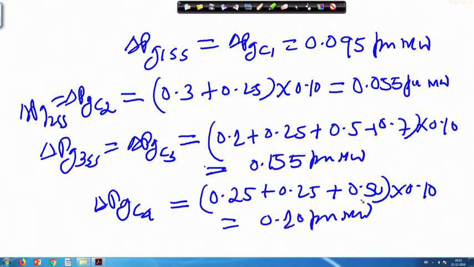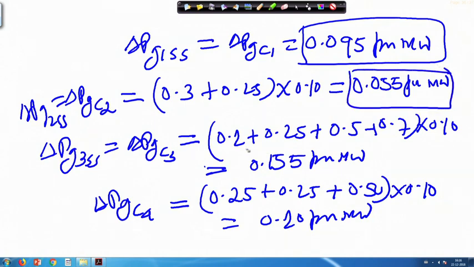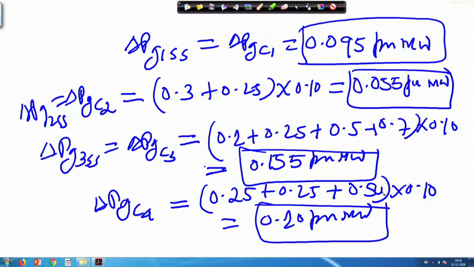All these calculations are for the power that will be generated by the GENCOs at steady state: delta PG1, delta PG2, delta PG3 and delta PG4 steady state.